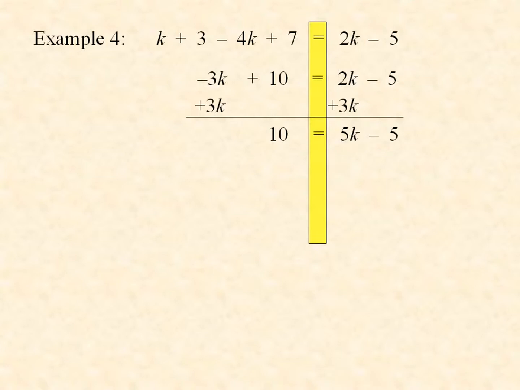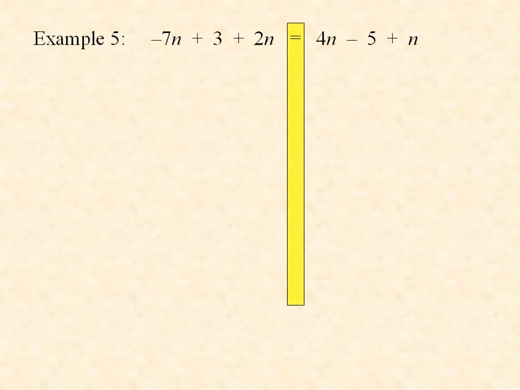Now we can isolate the k on the right side by adding positive 5. That gives us 15 equals 5k. And we divide by 5 to get k by itself. We end up with 3 as the value of k.